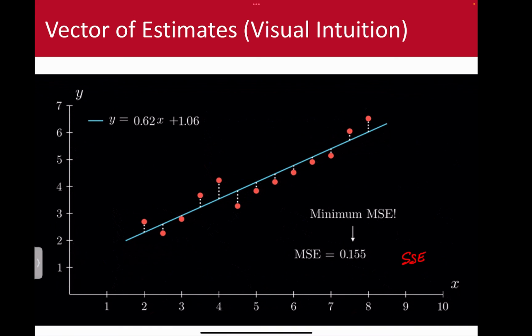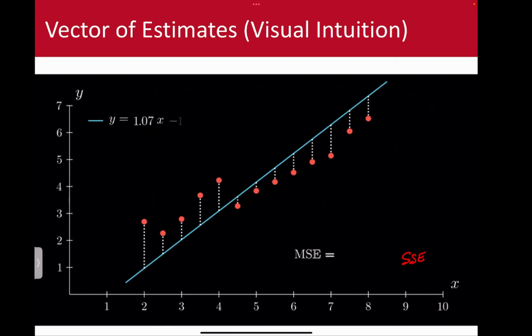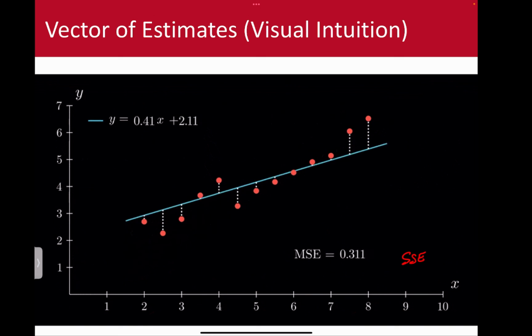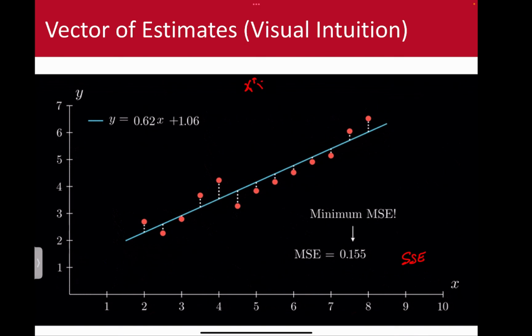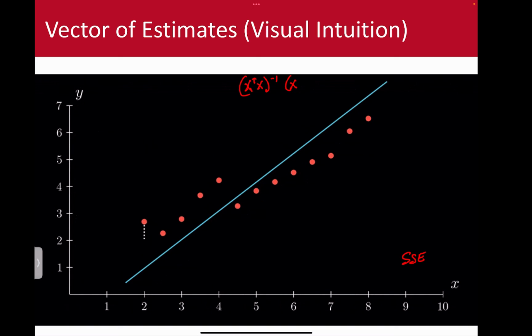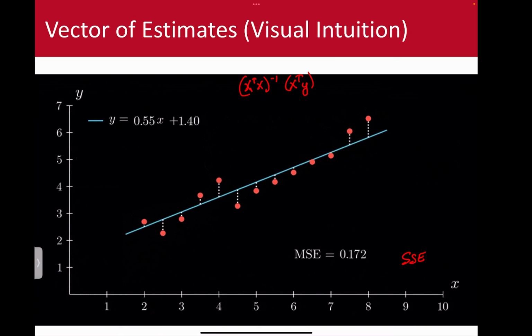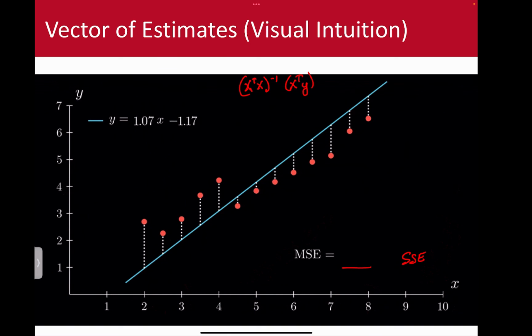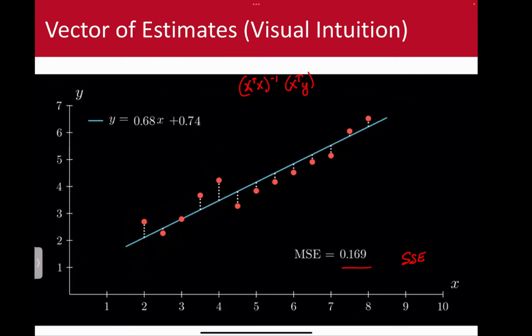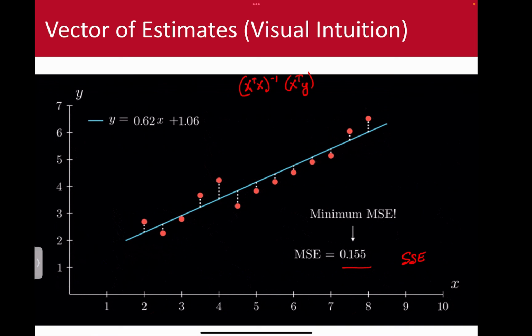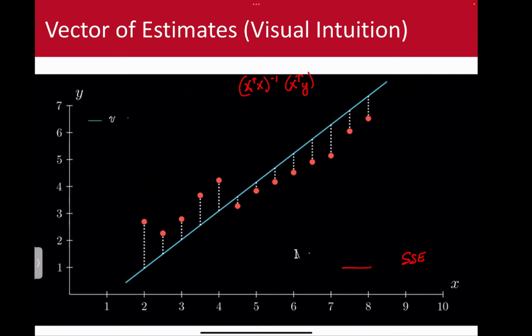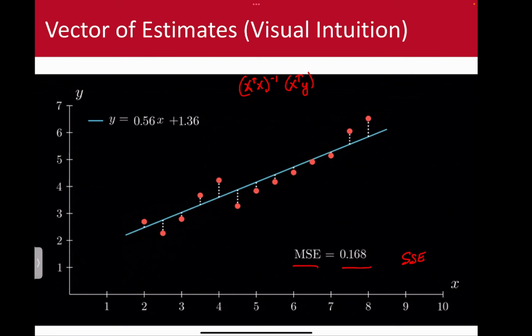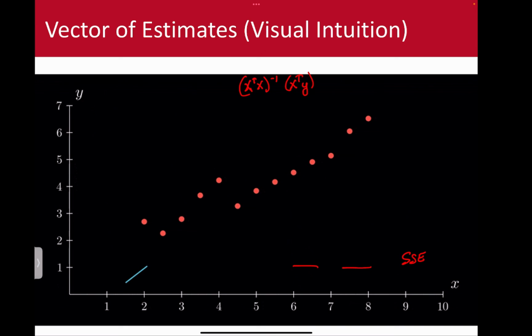So the way that it works is that the formula that you just saw, X transpose X inverse X transpose Y, basically gets the values of the y-intercept and the slope that gets the minimum SSE value. In other words, it arrives at that slope and that y-intercept that make SSE or MSE, which is just the mean, in other words, SSE divided by the degrees of freedom, a minimum.